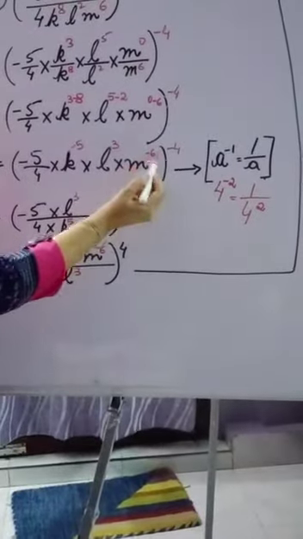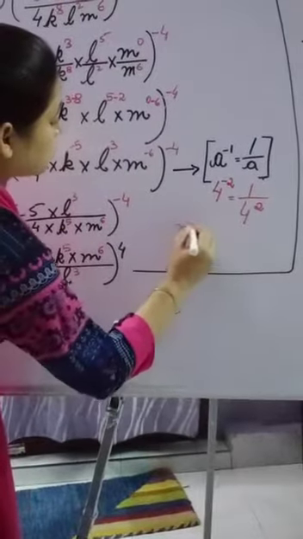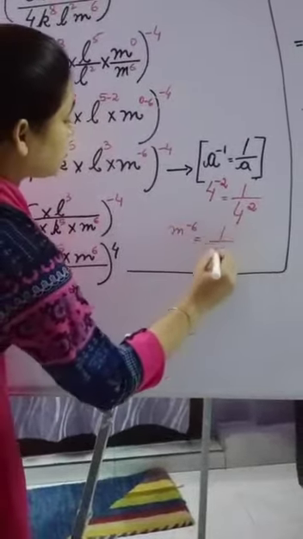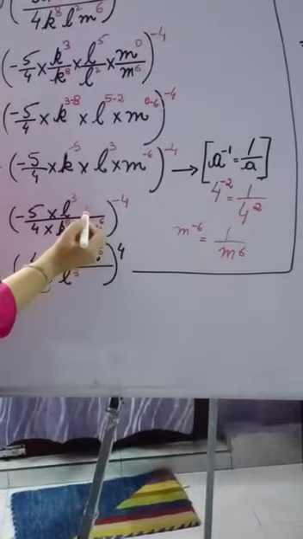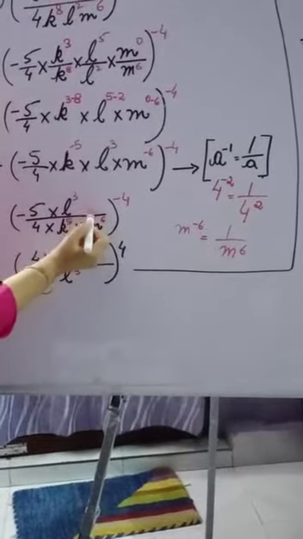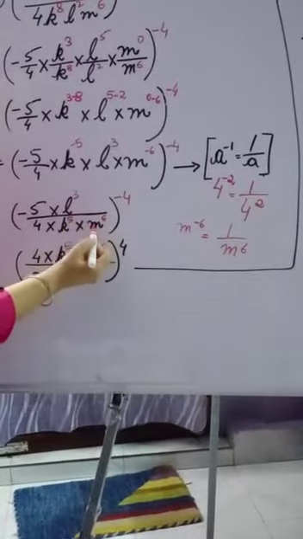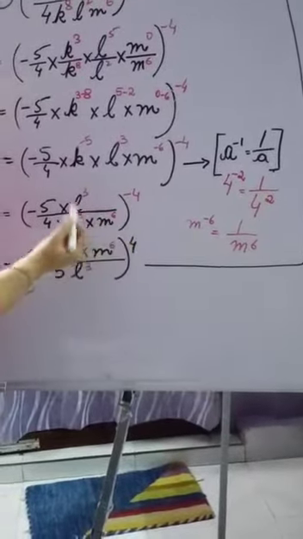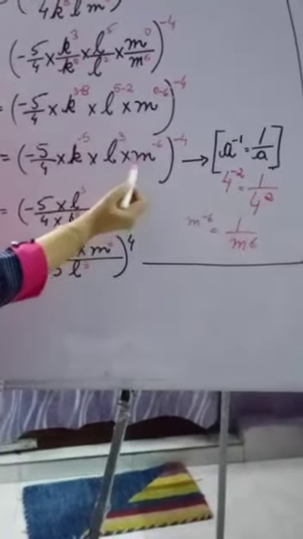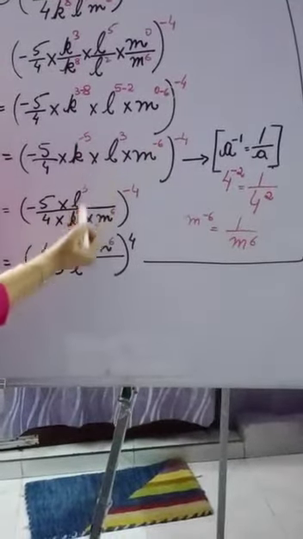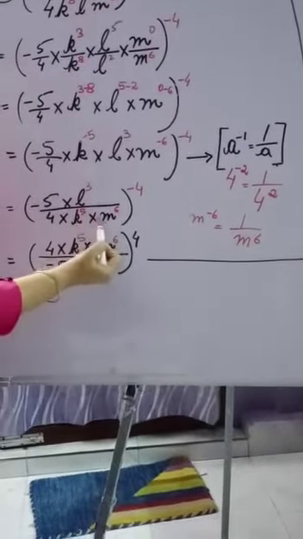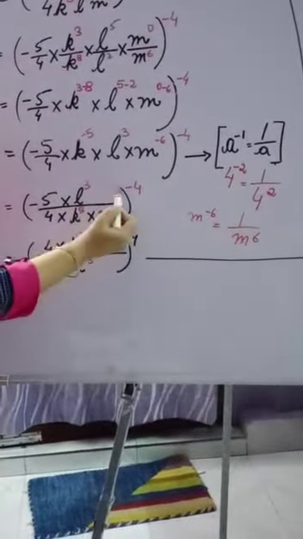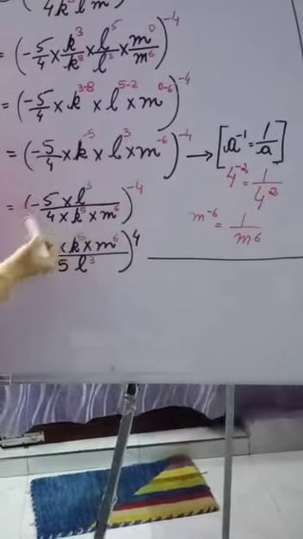Again m to the power minus 6 will be 1 by m to the power 6. I have not mentioned the 1 here, I have just left this place blank. So k and m have the negative powers, so they have come in the denominator, whole to the power minus 4.